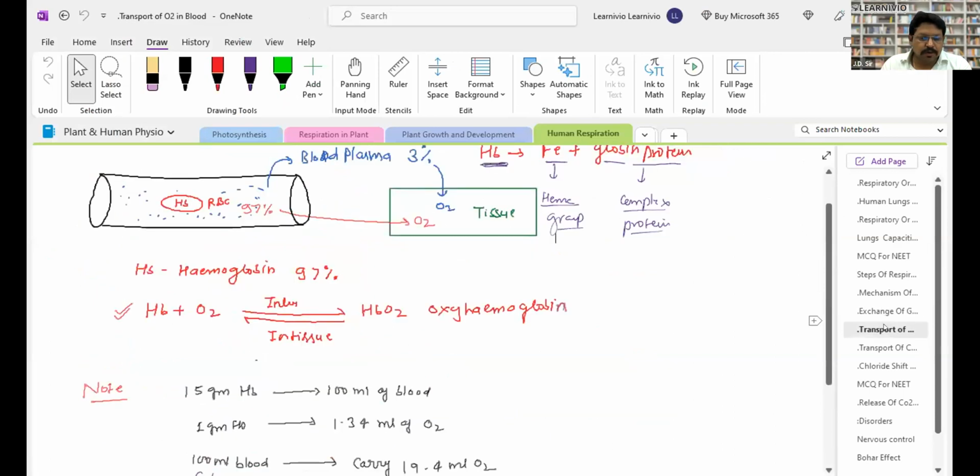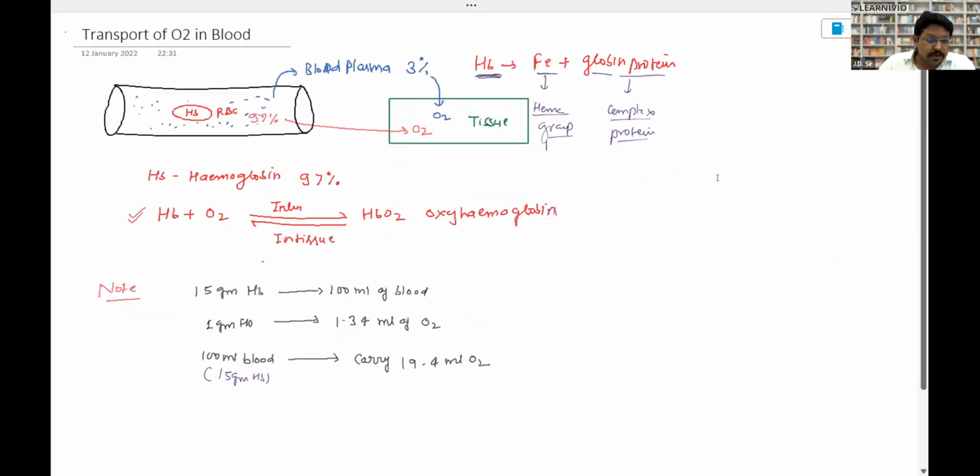Now come to the transportation of O2, right? This percentage, what you have to remember over here, the percentage.